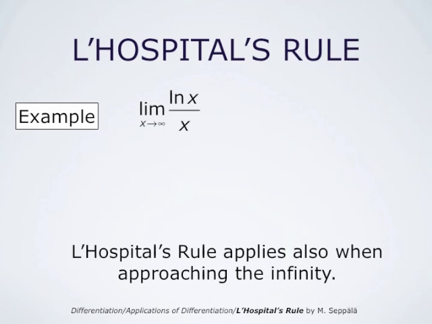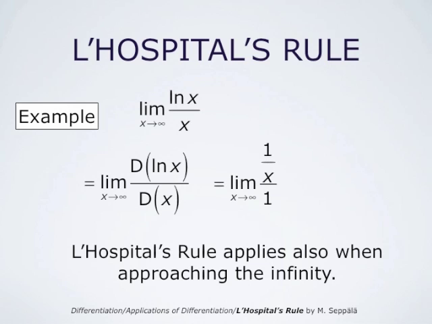L'Hopital's rule applies also when the variable approaches infinity. To compute the limit as x approaches infinity of ln of x divided by x, we apply L'Hopital's rule. This limit is the same as the limit as x approaches infinity of the derivative of ln of x divided by the derivative of x.